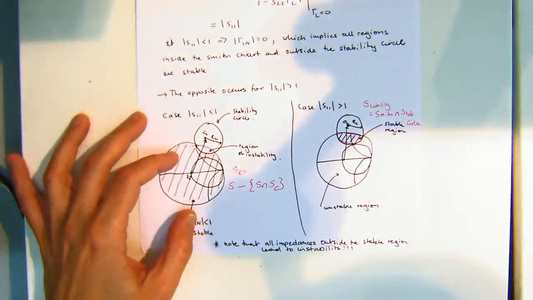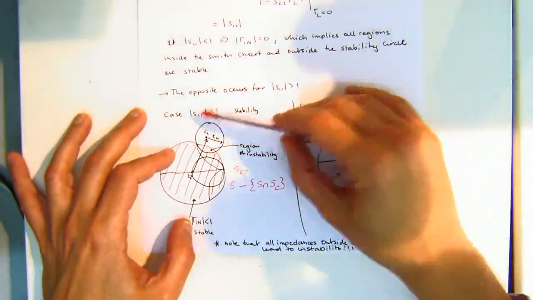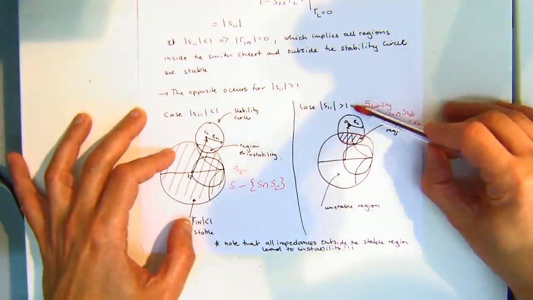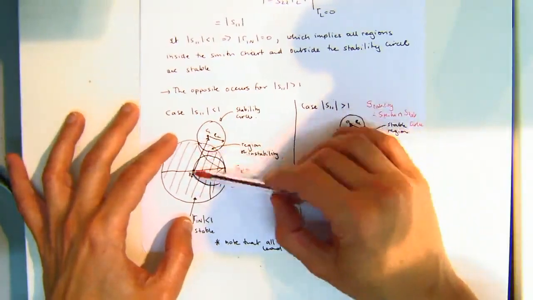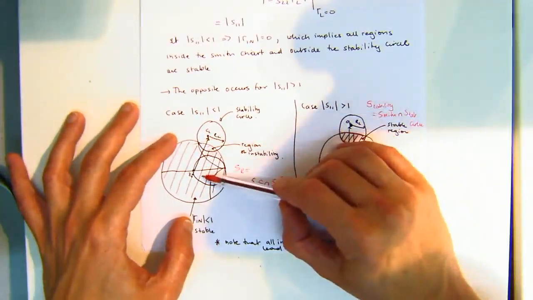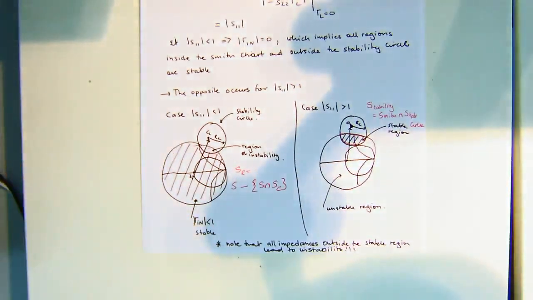We have to do two sets of stability circles. Depending on S11 being greater than 1 or less than 1, that helps us determine which is the region of stability. We also have to do the same for S22. Same rules apply, exactly the same rules. Perfect? Good. All right, let's do an example.